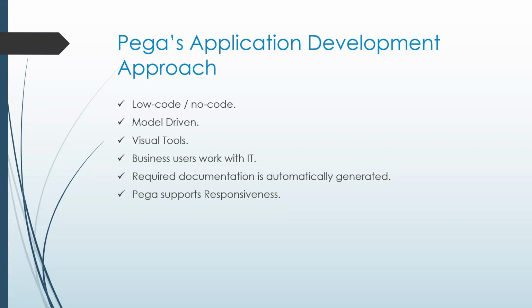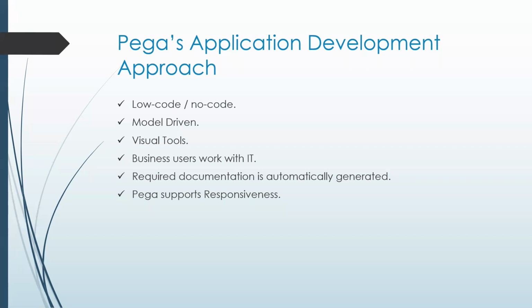Required documentation is automatically generated. This is one of the advantages when it comes to Pega, where you don't need additional resources for documenting your application. It is automatically generated. We get to see a lot of projects where not much significance is given to documenting. So they tend to document a few things towards the end of the project, when the project is almost done.